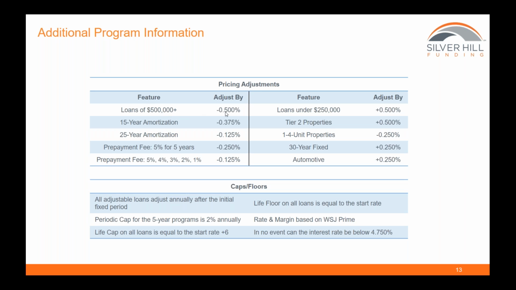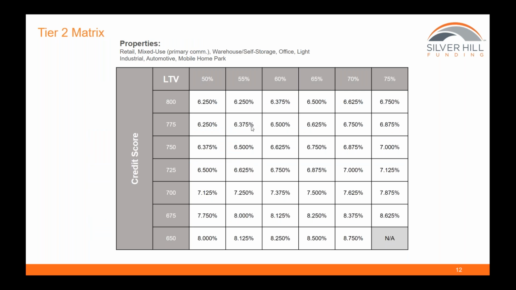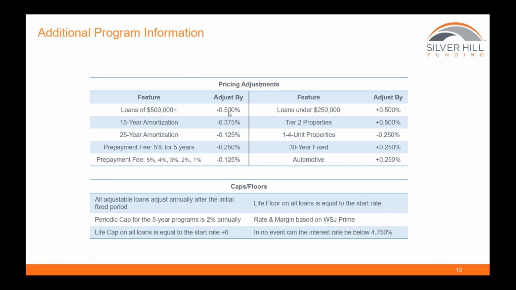For loans over 500,000, you're going to improve the base rate by 50 basis points. 15-year, 3/8 better. 25-year, an 1/8 better. We talked about the prepayment fees. They adjust the rate down by a quarter for the 5-year 5%, and the declining 5-year adjusts down by an 1/8.